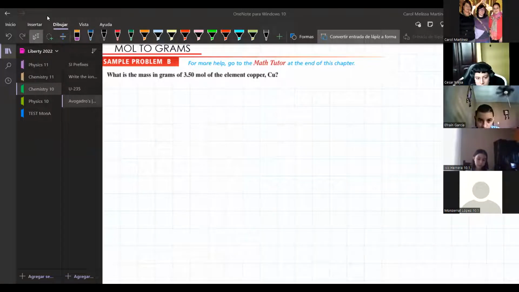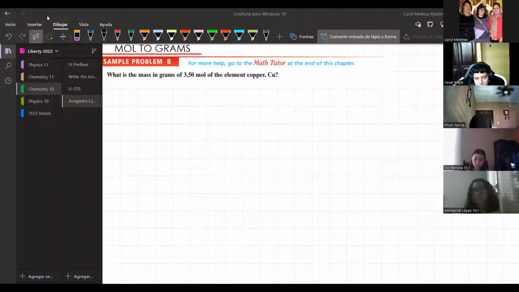So let's see. What do we need to do in the first place? We need to highlight the given, or we need just to identify where the given is. So what is the given in this problem? The mass in grams?